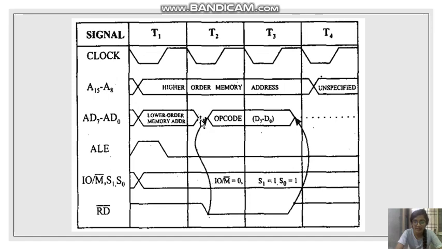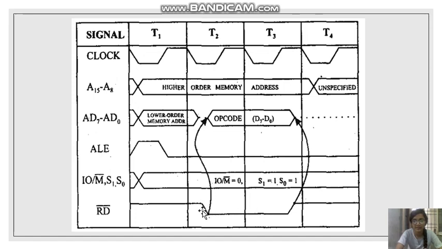During this time, the process of storing that lower address in the latch will occur, and then there are the status signals which tell us that data needs to be read from the memory. So IO/M bar is active low, so this signal will remain 0, and the rest of the signals, S1 and S0, will remain 1. The read bar signal, at first, will remain high. Since it is an active low signal, it will work when the signal is low.